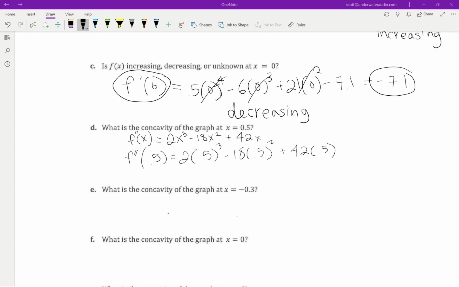All right, 0.5 cubed is 0.125. And then 0.5 squared, I believe, is 0.25. And then plus 42 times 0.5.